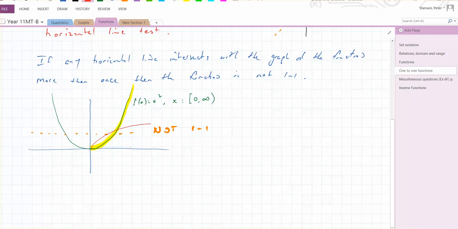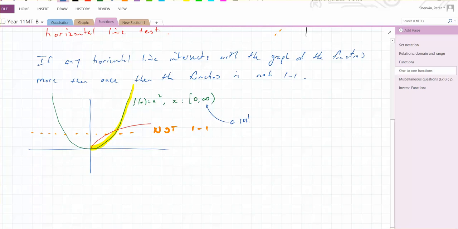Domains are often restricted on functions that don't pass the horizontal line test so that they do pass it. Typically parabolas are easily done just by taking half of it. In that way you can ensure that the function is one-to-one and the inverse is a function.